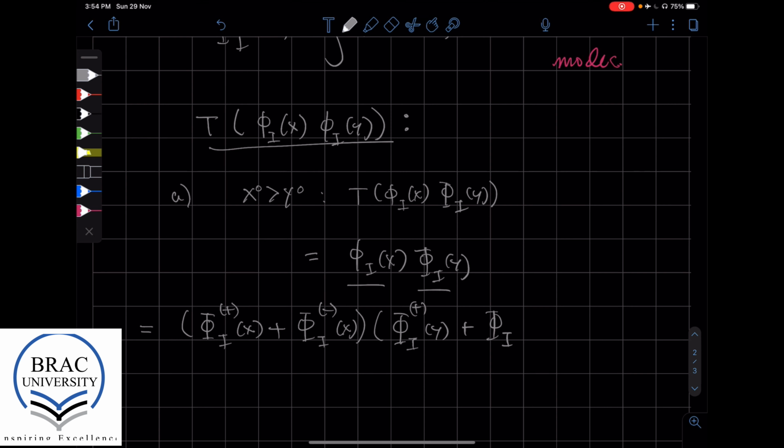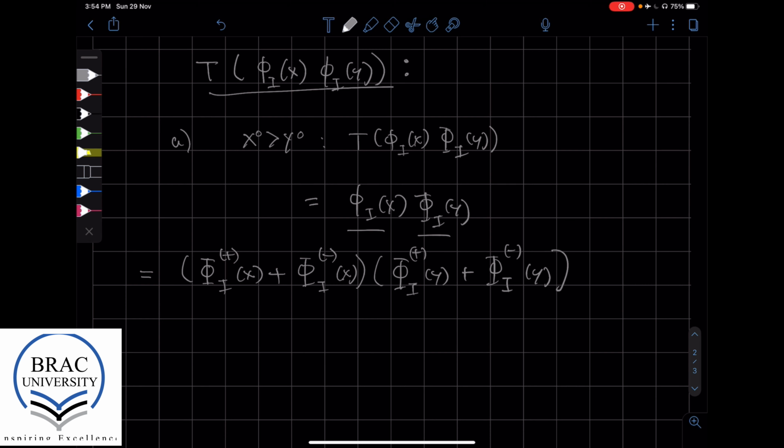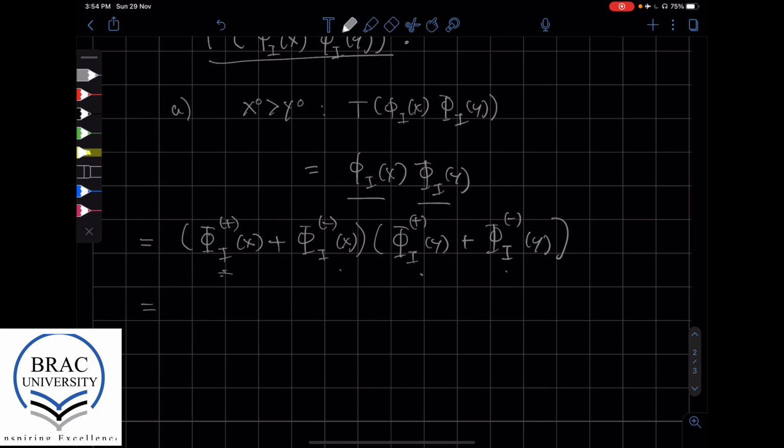And now what we will do is try to reorganize these terms in normal ordering form, of course, keeping track of their commutators. So first, let us just multiply them through. If I multiply them through, I'm just going to drop the I subscript for now because everything here is in the interaction picture anyway. And also I'm going to drop the brackets here. So I'll take some shortcuts. I hope you don't mind.